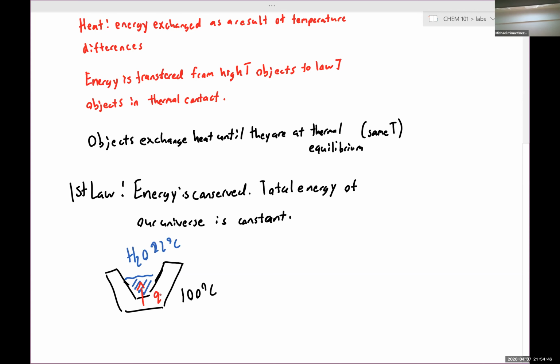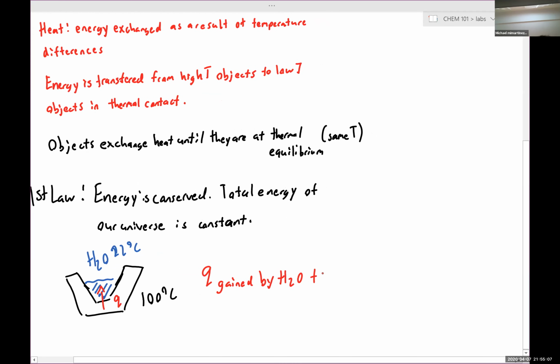Okay, so if energy is conserved and the total energy of our universe is constant, any heat gained by our water plus the heat lost by our pan, the total energy of our system and the surroundings, is going to be zero.